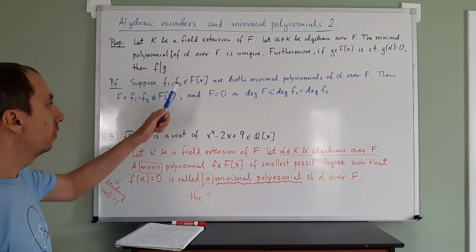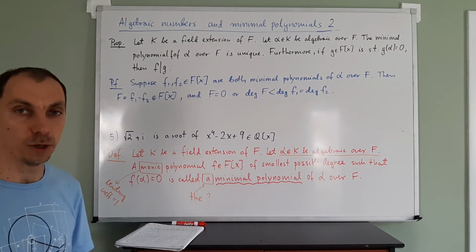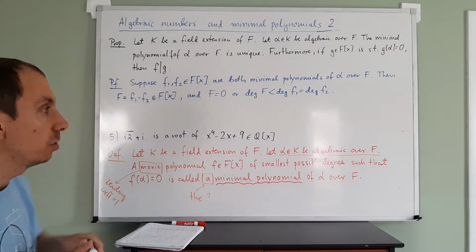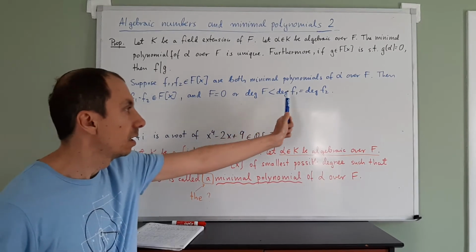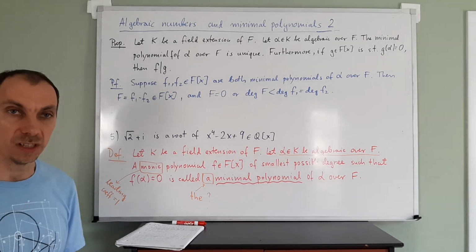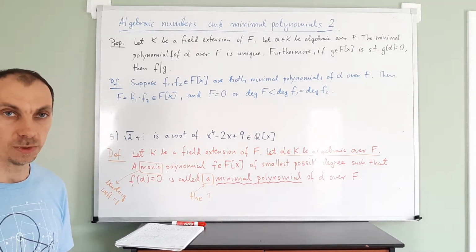First of all, because both of these are minimal polynomials of alpha over F, they are both of smallest possible degree, so they must be the same degree. So the two degrees are the same. Secondly, they're both monic, f1 and f2. So they both start with x to the n, where n is the degree, plus lower order terms.